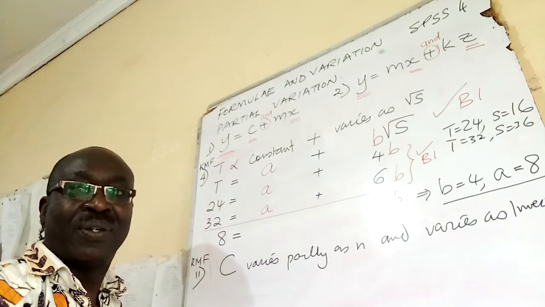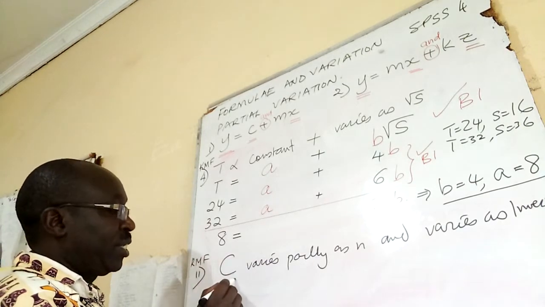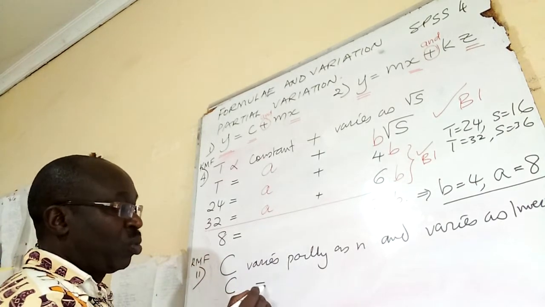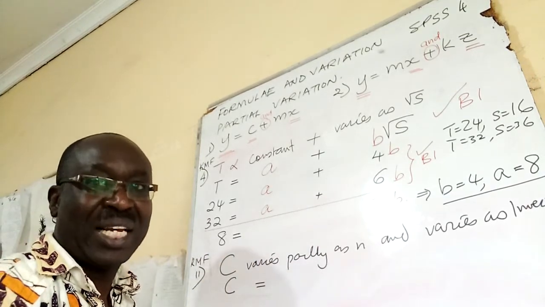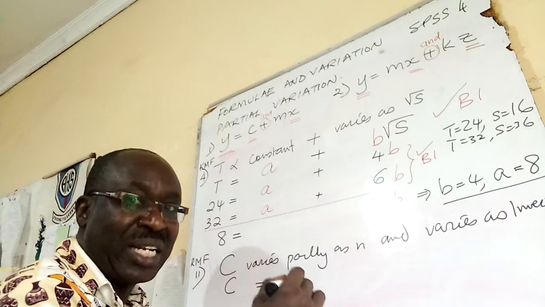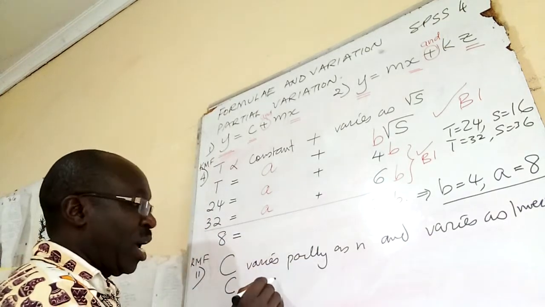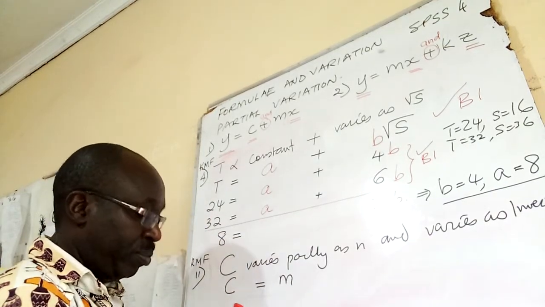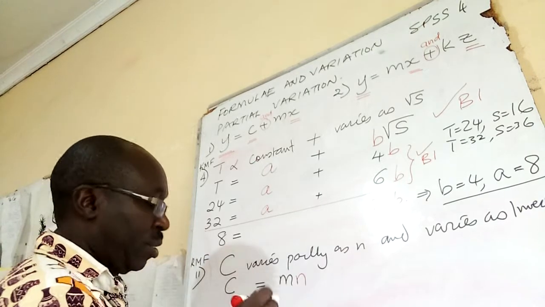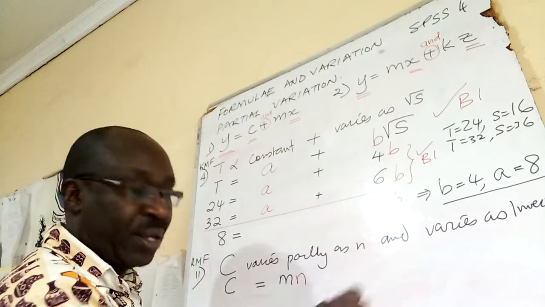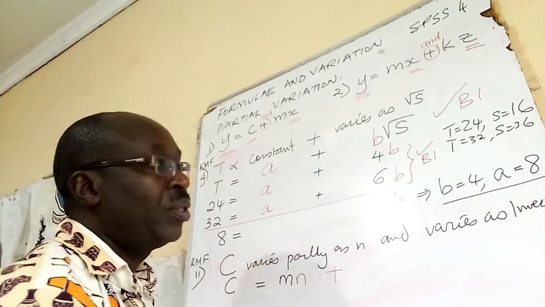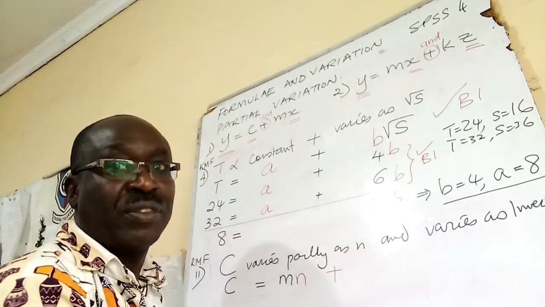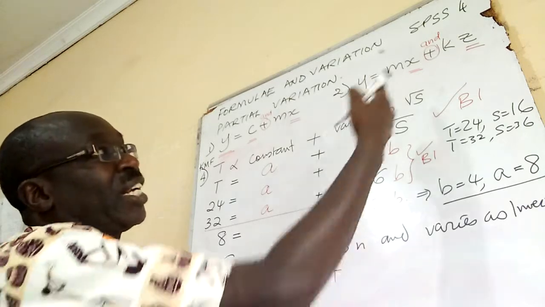Okay, so I write this C is equal to partly as n, so I have mn and plus inverse of n here.